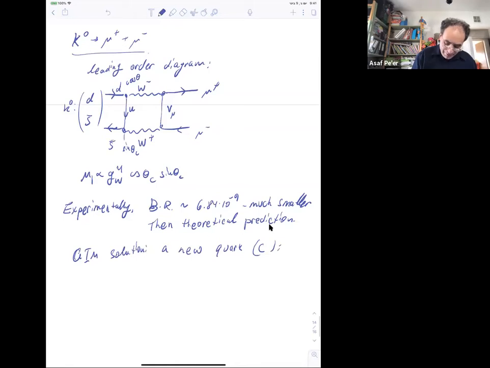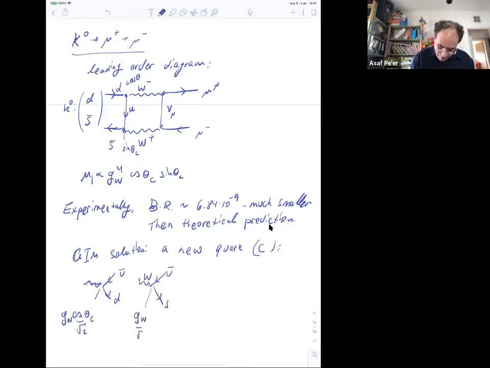If we have the up and down coupling to the W, this will be G weak over square root of 2 cosine theta Cabibbo, and the up and strange will be G weak over square root of 2 sine theta Cabibbo.